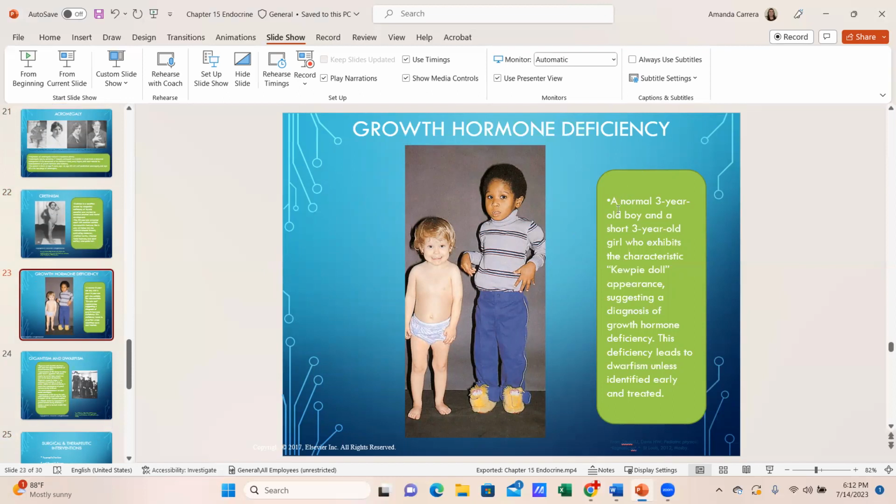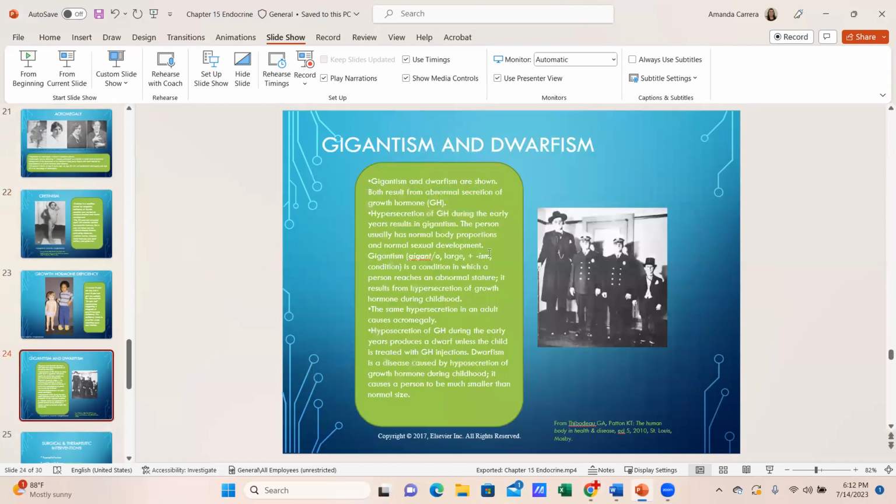Growth hormone deficiency, again, this is dwarfism. Okay, you have an example here. They're both 3 years old. This is a comparison here of giantism and dwarfism. And your book also gets into it too. Hang on, let's get back over here to my page.